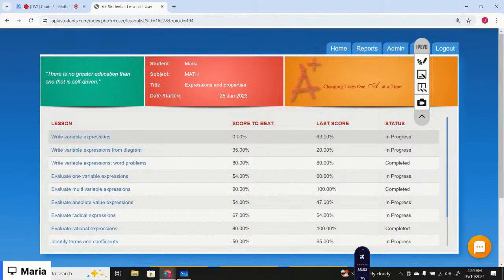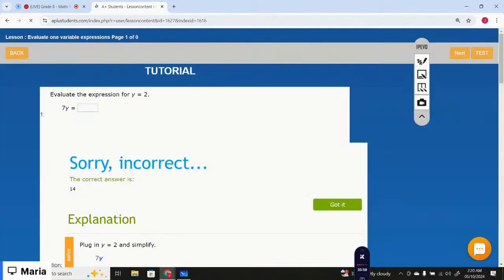Write variable expression word problems you can do on your own. The next one is evaluate one variable expressions. Evaluate the expression for y equals 2.